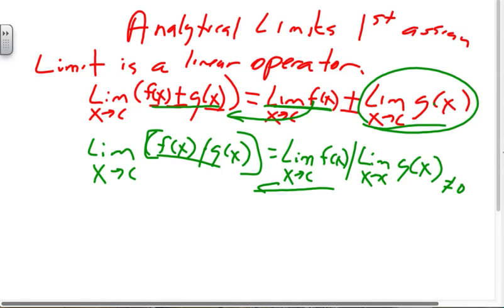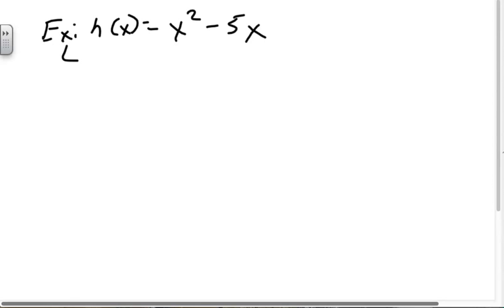Okay, let's look at some examples here then. So let's say h of x equals x squared minus 5x, and we want to find the limit as x goes to 5 of h of x. Okay, well you're sitting there saying, well this is not two different functions. Yes it is.